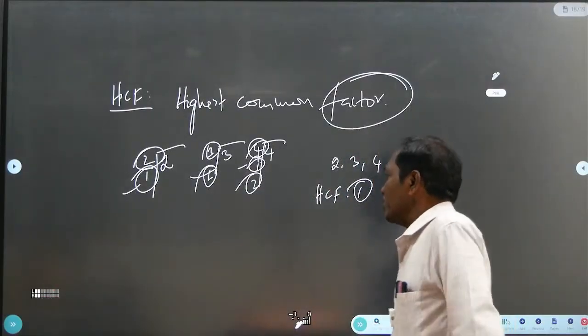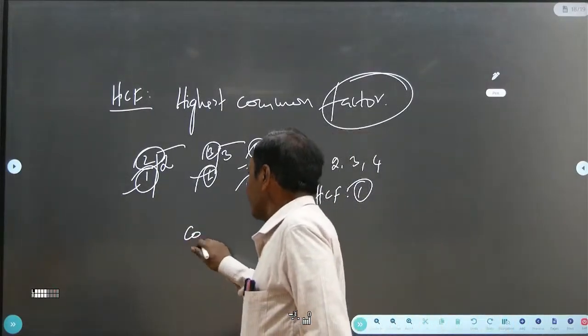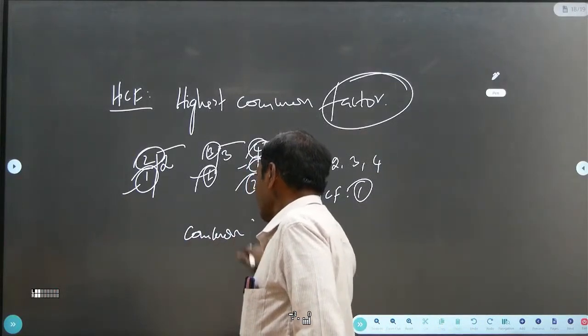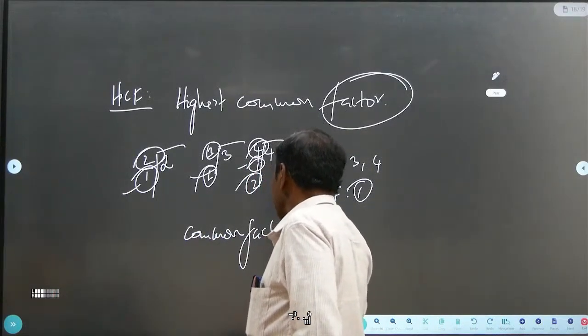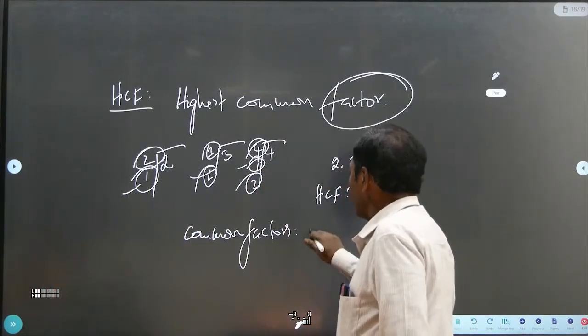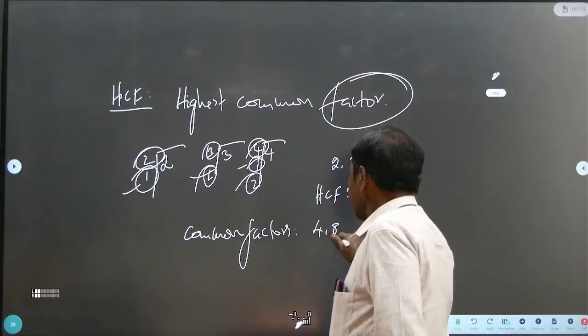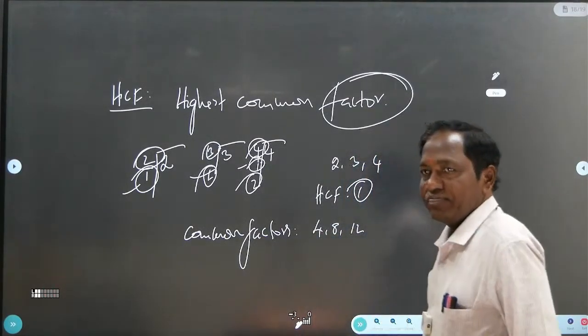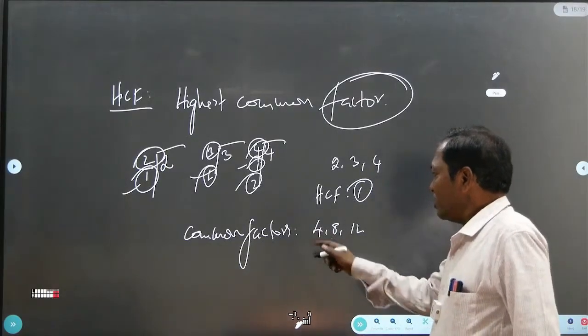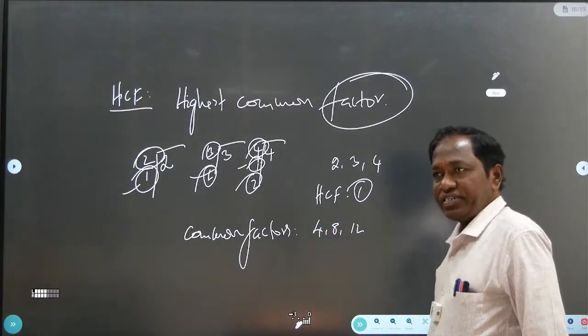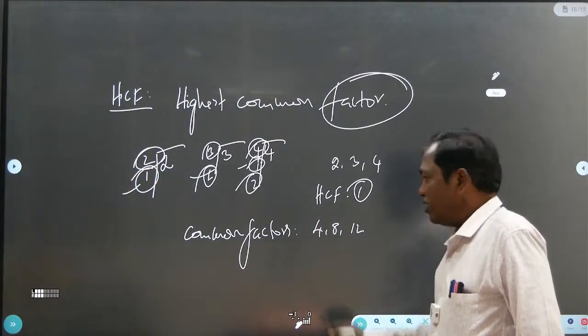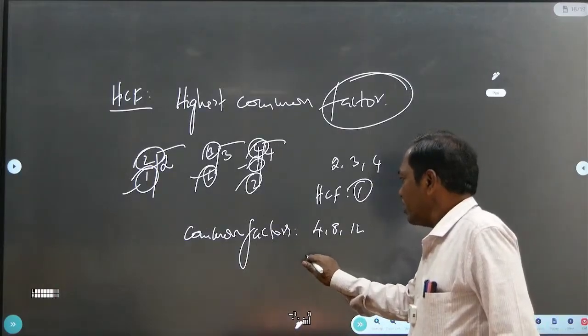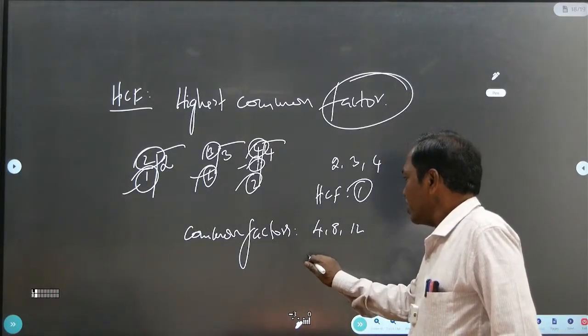What is the common factor of 4, 8 and 12? 4. You can see the 4 will divide 8, and 4 also will divide 12. The highest factor is 4.